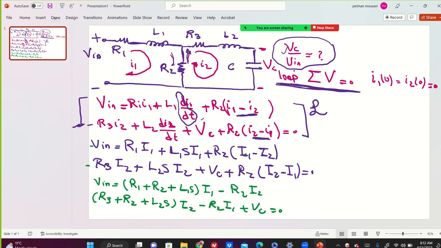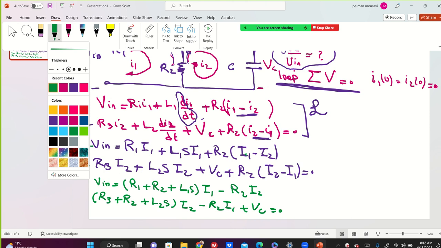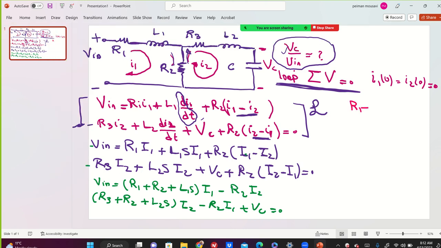For simplicity of what we are developing later, let me assume that R1 plus R2 is R4 here, and R3 plus R2 is R5 here.